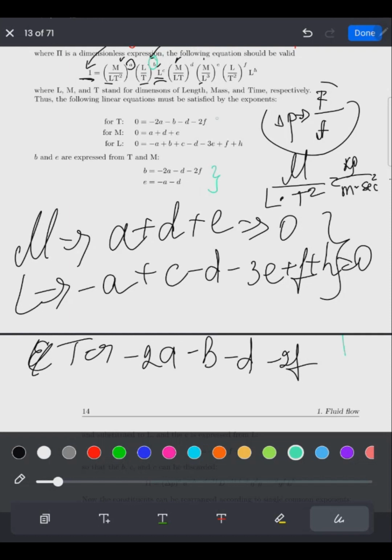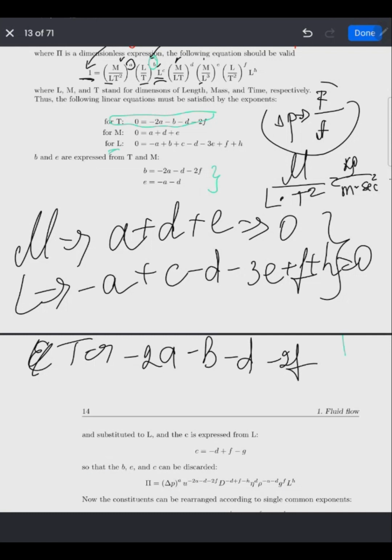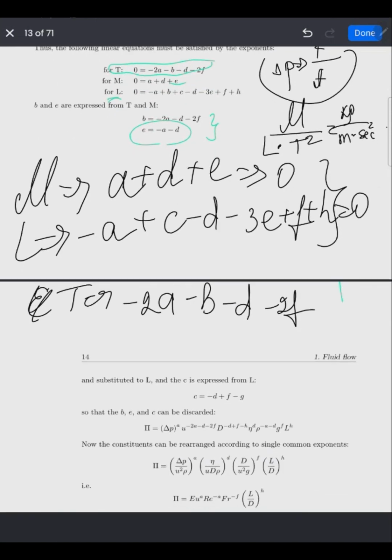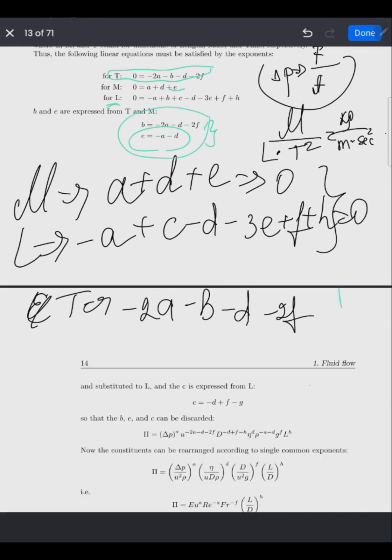In order to get this as 1, all of them should be equal to 0. All of these expressions, A, B, C, D, E, F, H, should be equal to 0, right? Therefore, I will write A plus D plus E equal to 0.